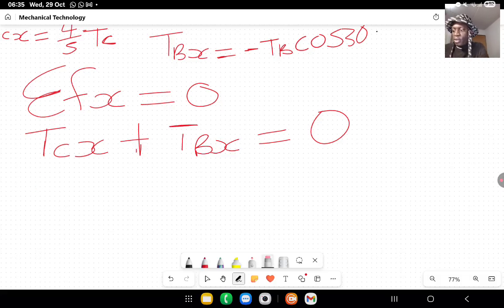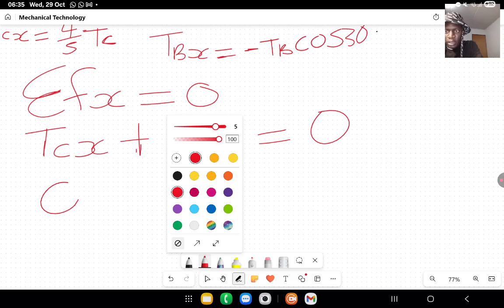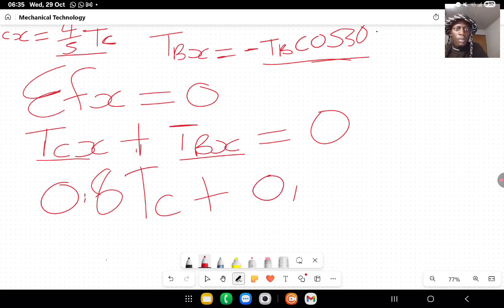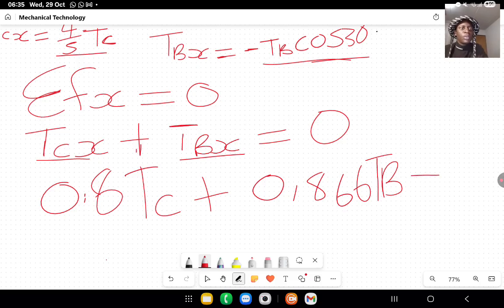Let's make things simpler: 4 divided by 5 is 0.8, so 0.8 TC plus, using cos 30, which is 0.866, 0.866 TB equals 0. But don't forget we have a negative.